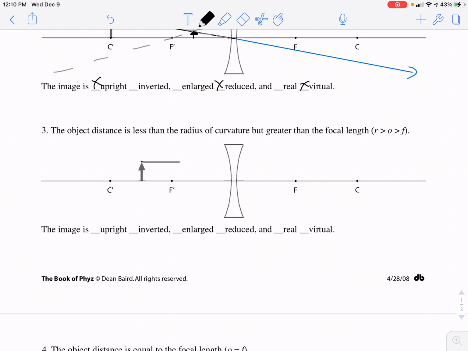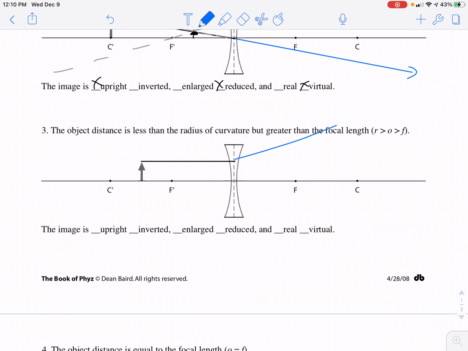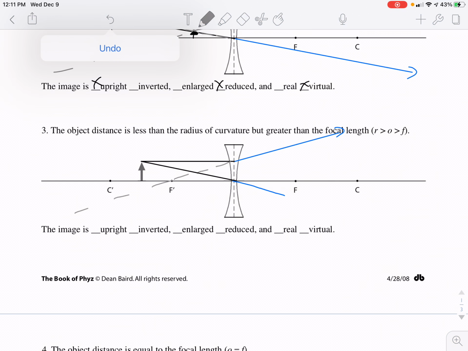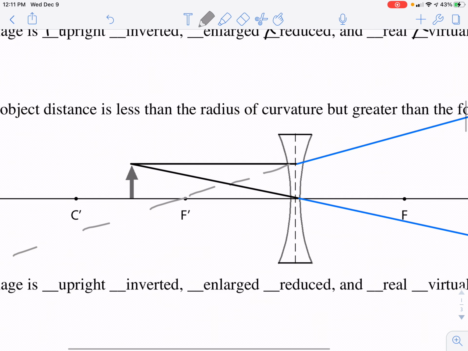First ray, parallel to the principal axis. Refract upwards so that the back ray can pass through that near side focal point. Go through the center of the lens, unrefracted. Draw the back ray backwards from the lens.